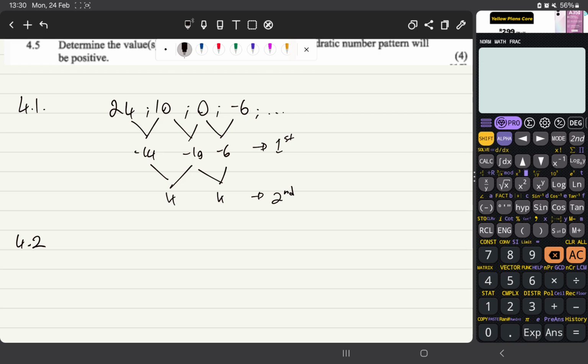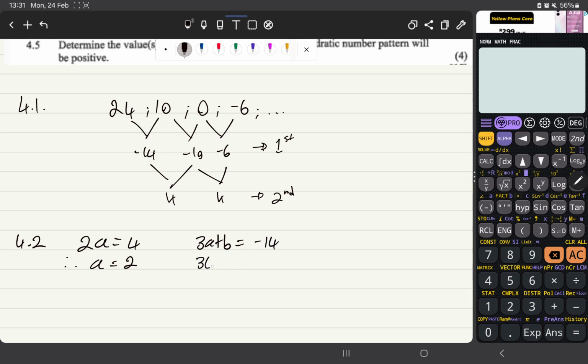So let us continue. We have 2a. What is 2a equal to? It has to be equal to 4, implying that a equals 2. Next, we also have 3a plus b equals minus 14.